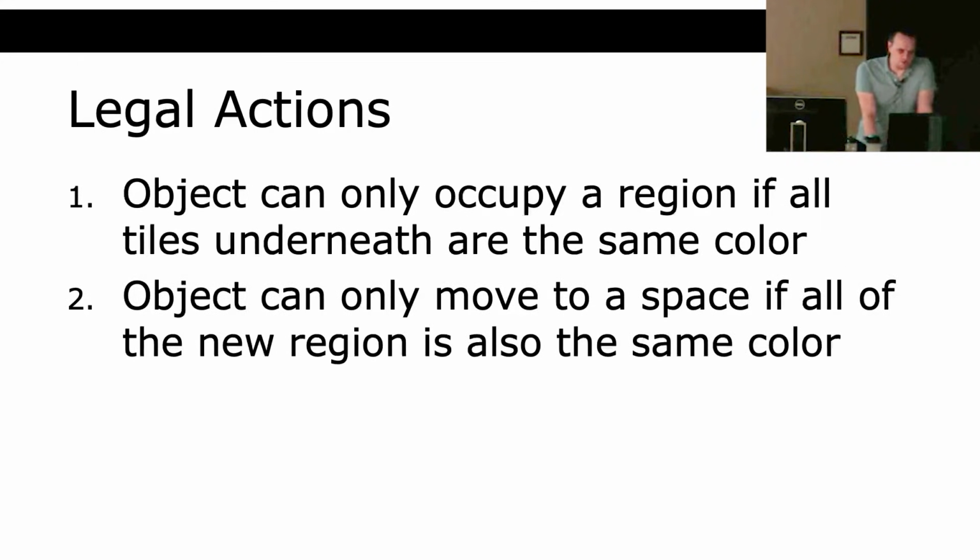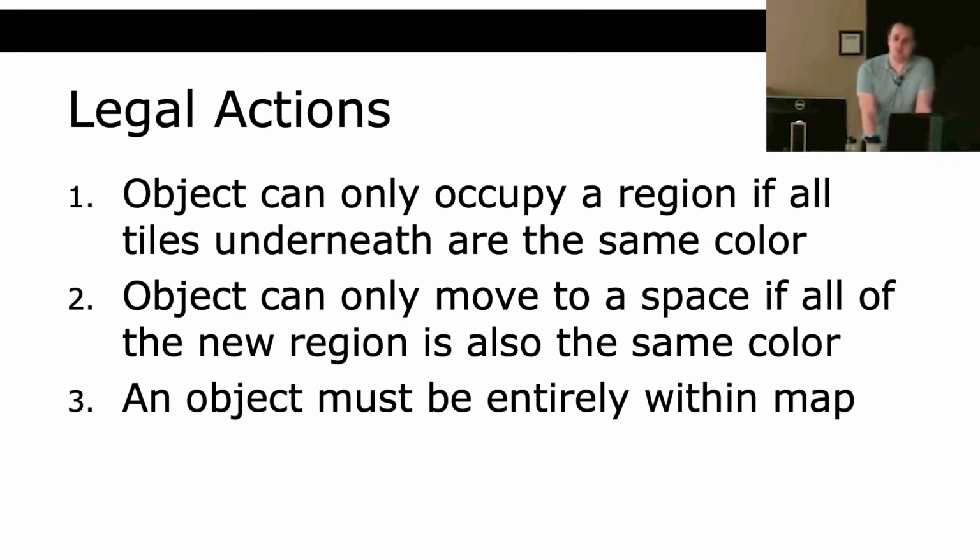Objects can only move to a space if all of the new region is the same color. So when I'm moving a 3 by 3 object up, down, left, or right, I'm actually moving to a location with 3 new squares, right? So I have to check that all of those are the same, not just one of them is the same.